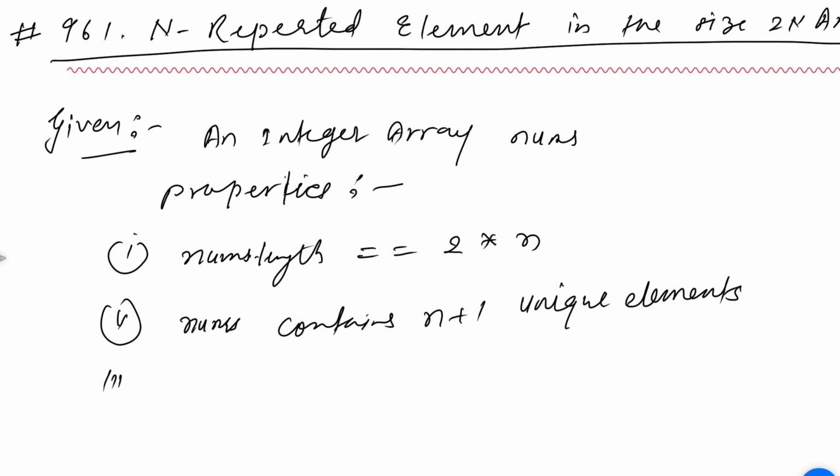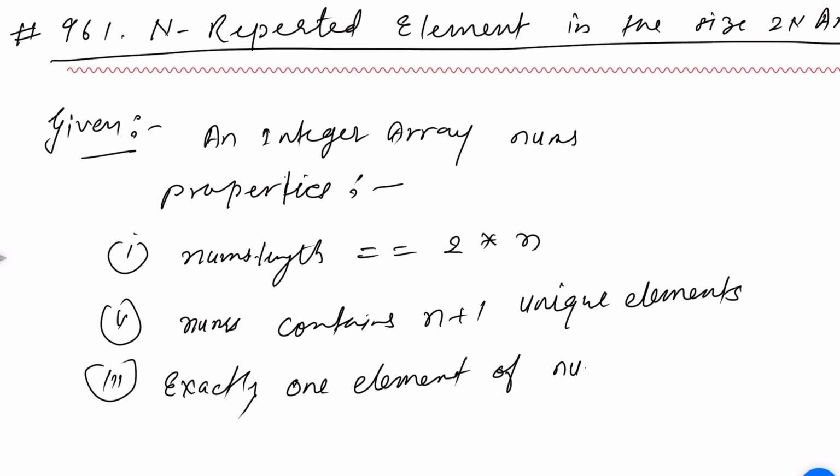Now, exactly one element of nums is repeated n times.